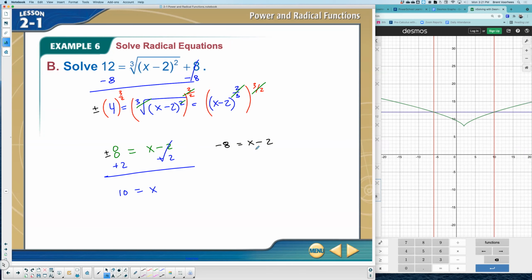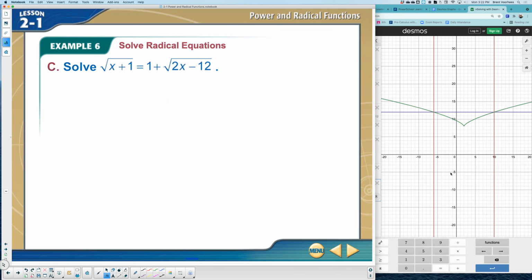And so this time when we would add 2, you get the -6. Now, why do I want to show you the calculator first? Because the calculator gave us both answers, and it was a lot easier to see both answers. There's less likely that I would screw up and forget the plus or minus or whatever else. So that's just a good way using Desmos to get your solutions.